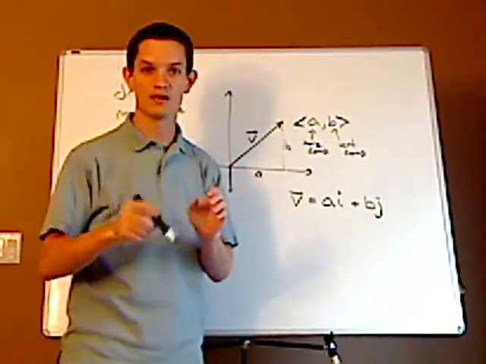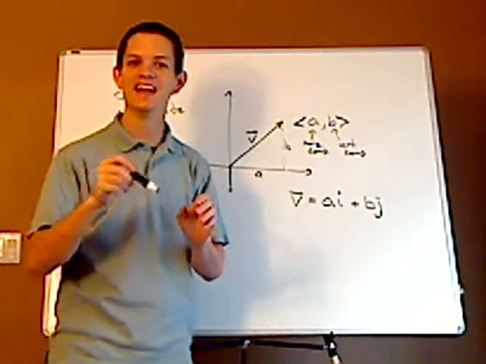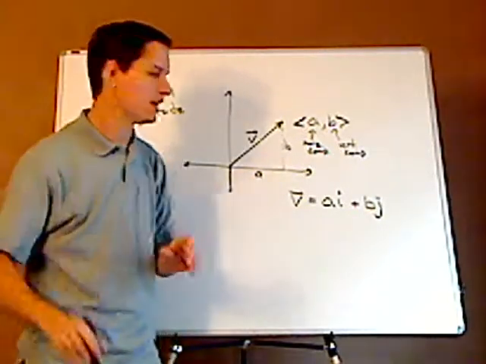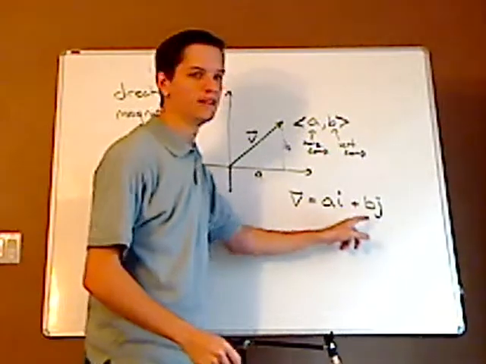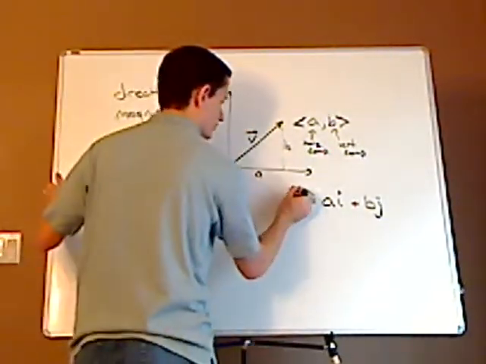It's always in alphabetical order: I, J, K, L. So it would be I, J. And so that will describe it.